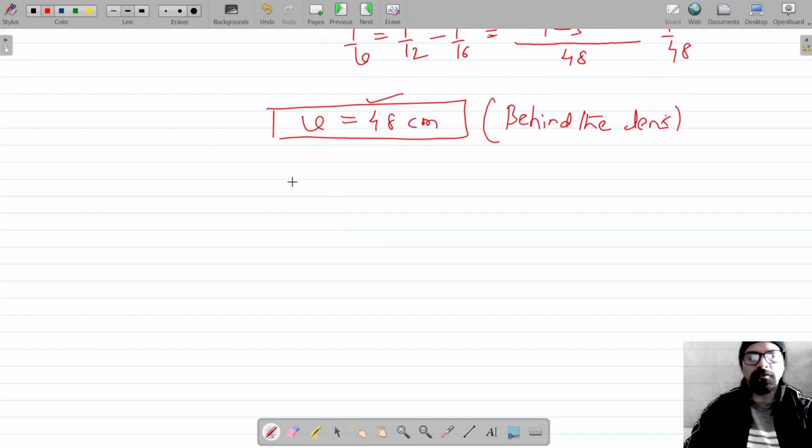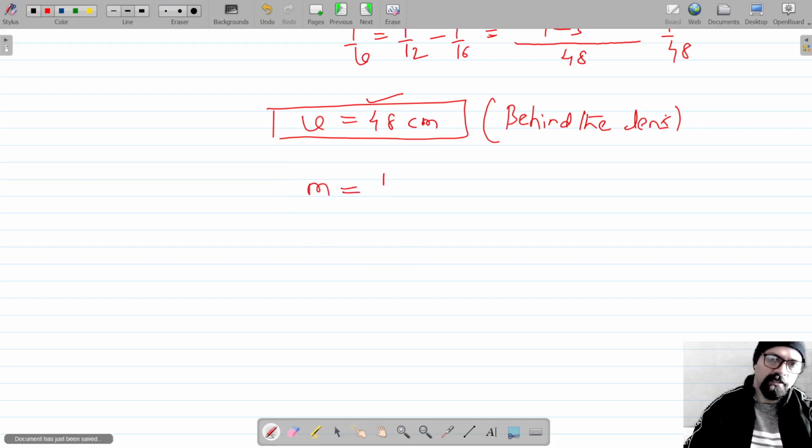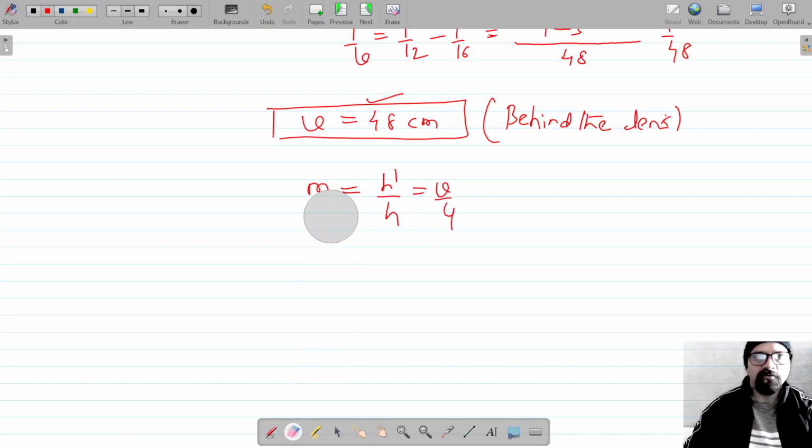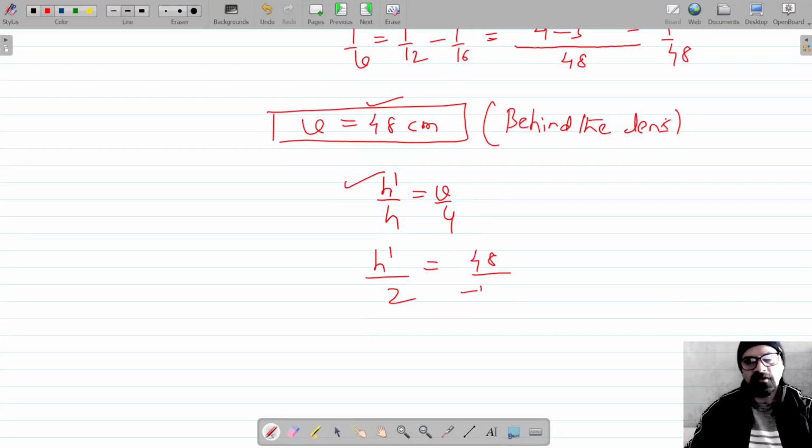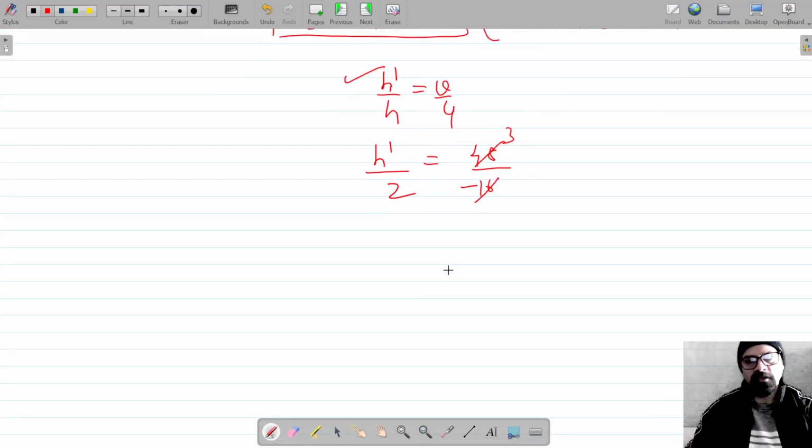Okay, so V is 48. Now we have to find out, we know that magnification in this case is given by h dash upon h is equal to V upon U. So let's use this combination h dash upon h, where h dash is the height or the size of the image. h is given, V is 48, U is negative 16.